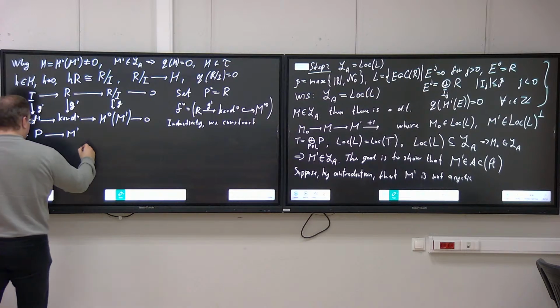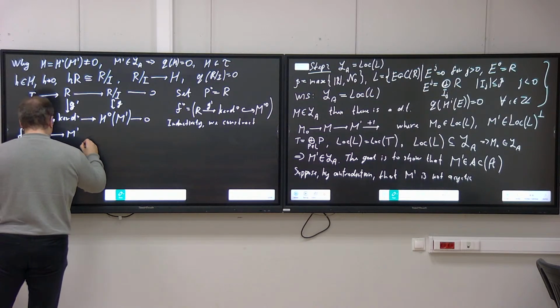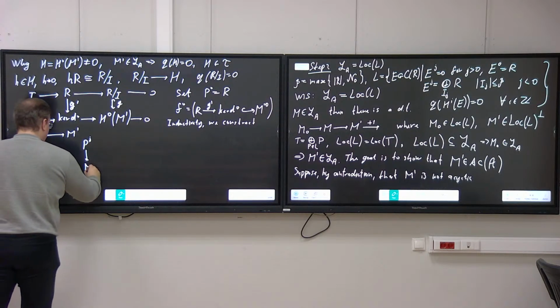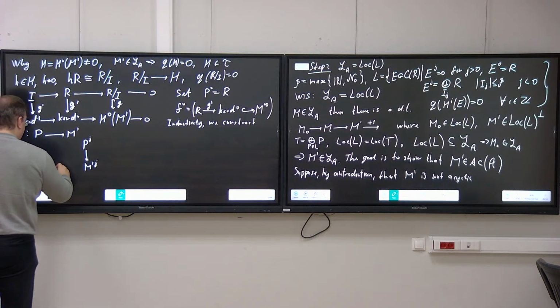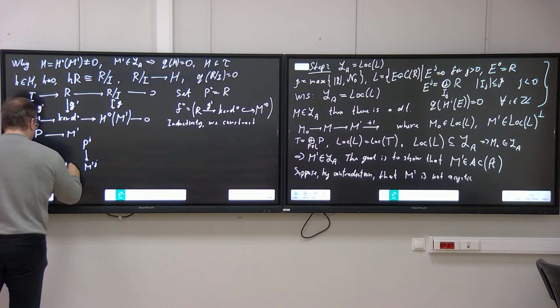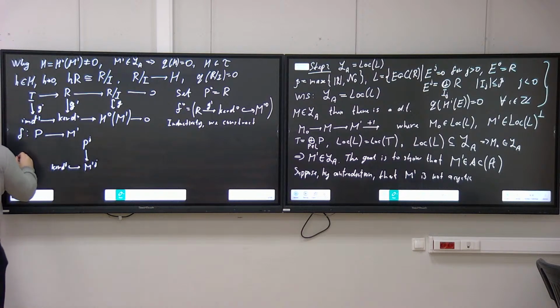It's kind of like constructing a resolution again. So we have some Ej, which is mapped to the M prime with index j. Here I'm going to need the kernel of the differential, which is embedded into the module, and there's an image of the previous differential.